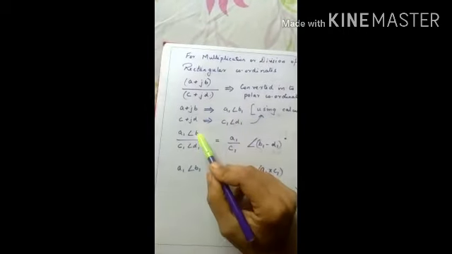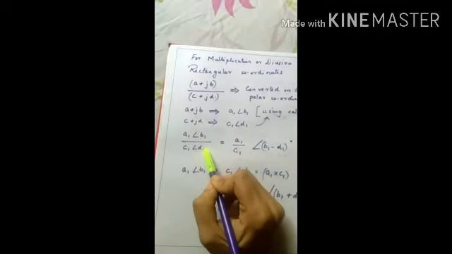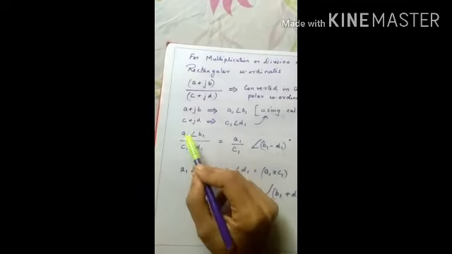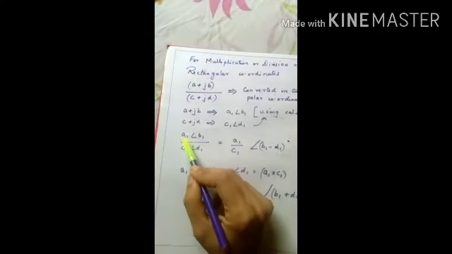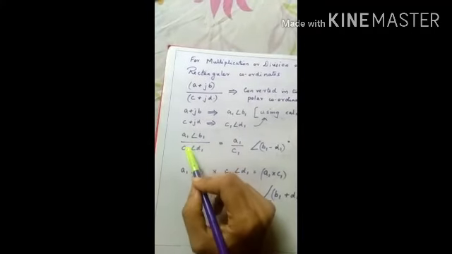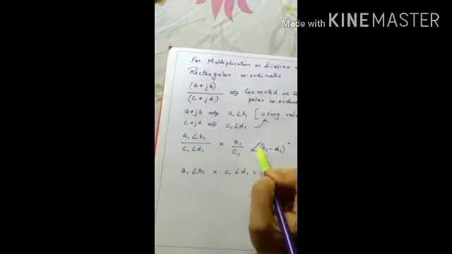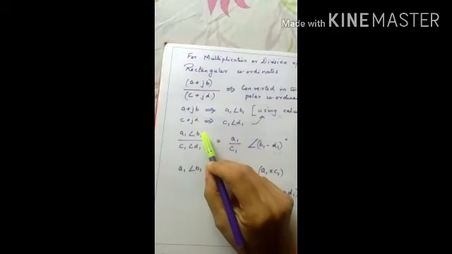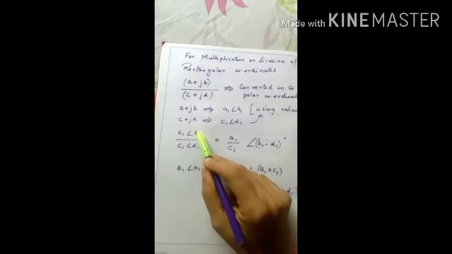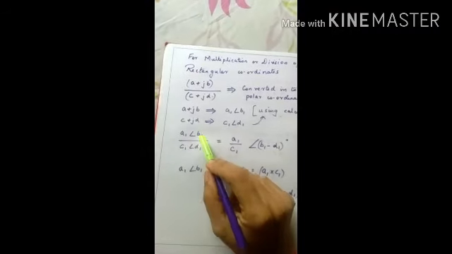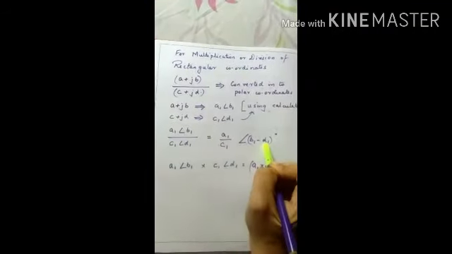So if it is division, you take the respective converted terms, and in order to get the number part, you have to divide a1 by c1. Okay, and in order to get the angle part, you have to subtract the values of both the angles, that is the angle part in the numerator minus the angle part in the denominator.